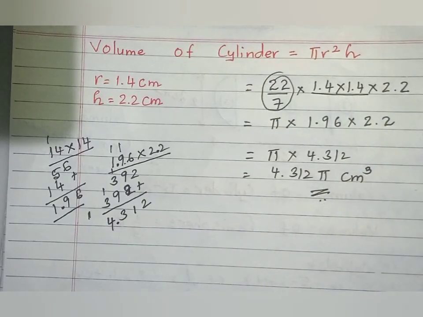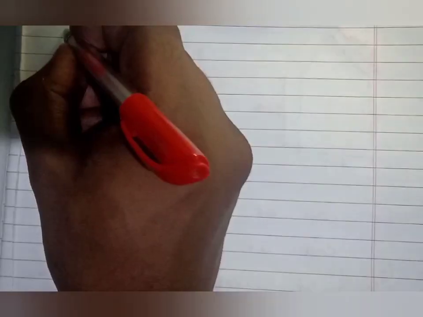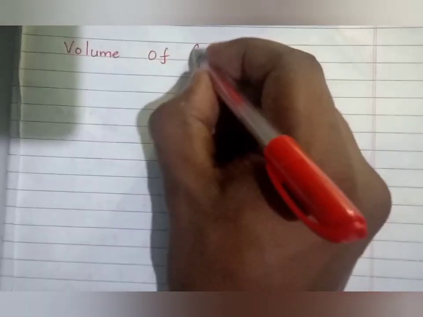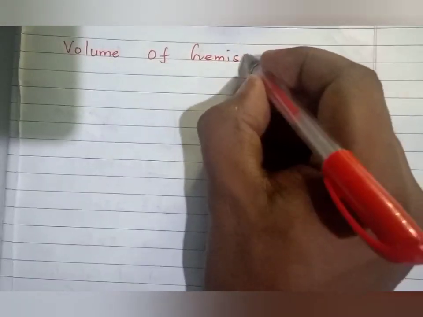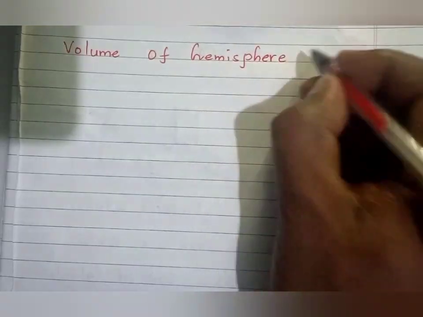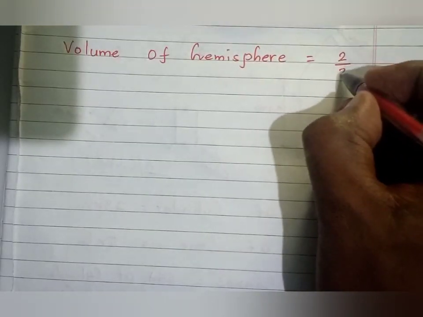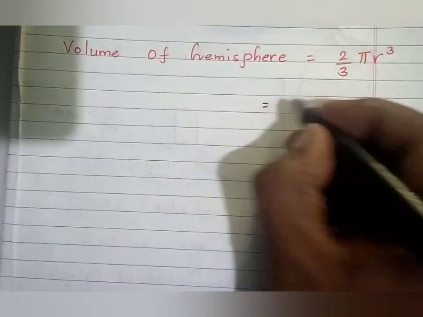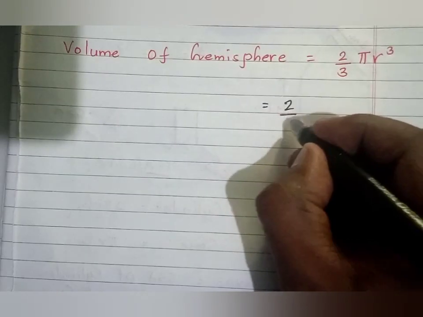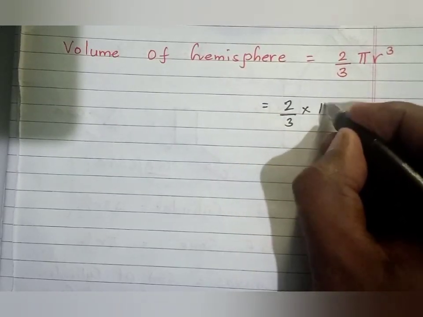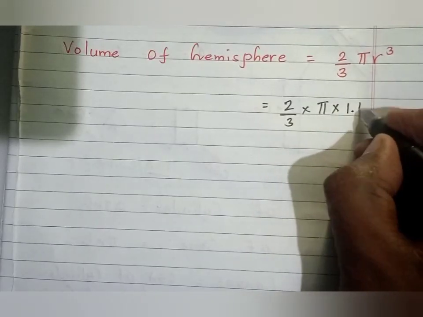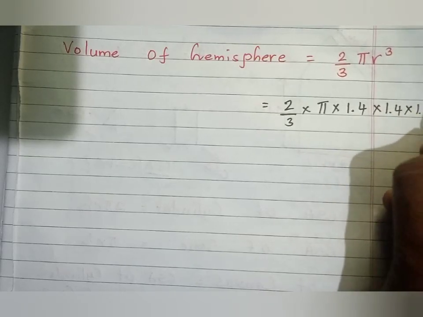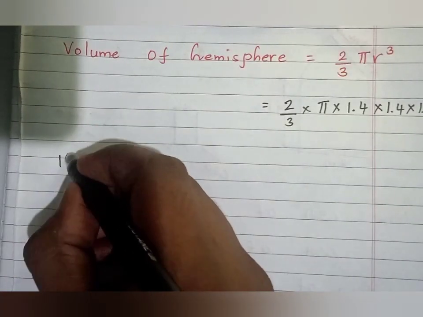Now I should find out the volume of hemisphere. So volume of hemisphere is 2 by 3 pi r cube. So 2 by 3 into pi as it is, into radius 1.4 into 1.4 into 1.4. Now multiply.